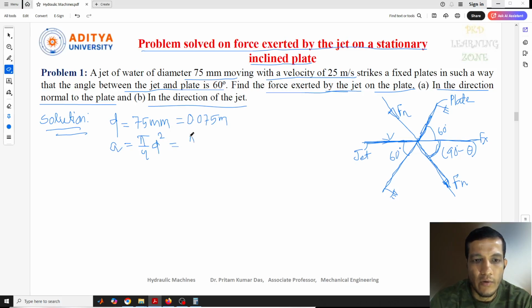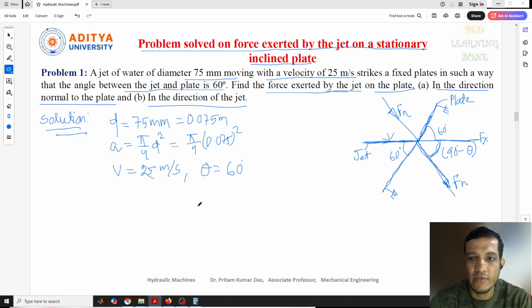You put the value of D here, that is nothing but 0.075 whole square. And the velocity of jet is given as 25 meter per second. So V is 25 meter per second, and the next is the angle between the jet and plate. So theta equal to 60 degree.